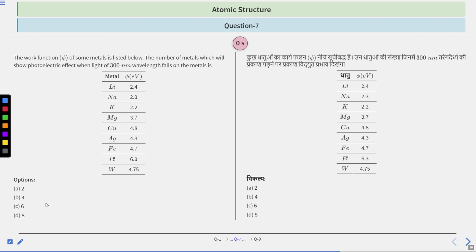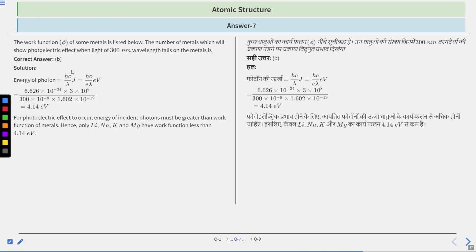Okay, let's see. The correct option is B. As you know, the energy of a photon is equal to hc by lambda in joules, and if we want to write it in electron volt, we just divide it by e. So energy is hc by e lambda in electron volt.